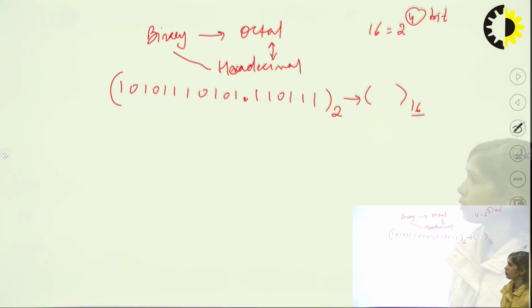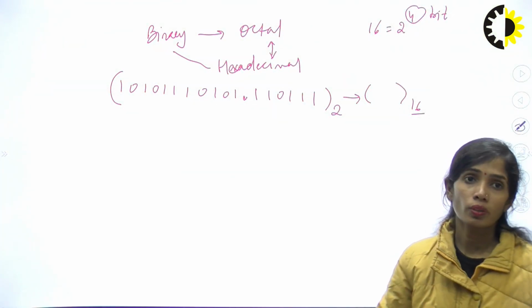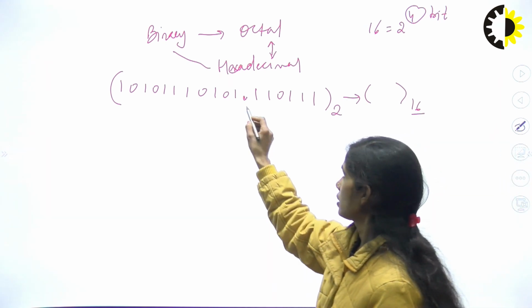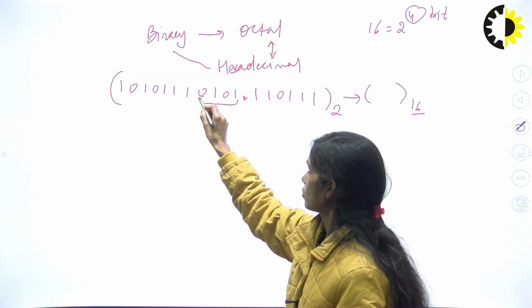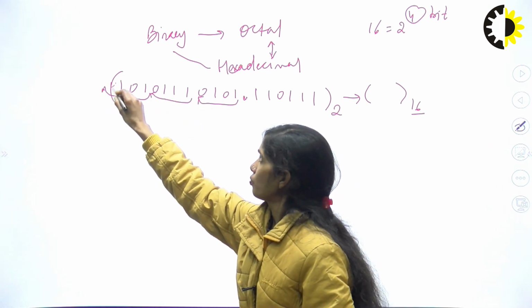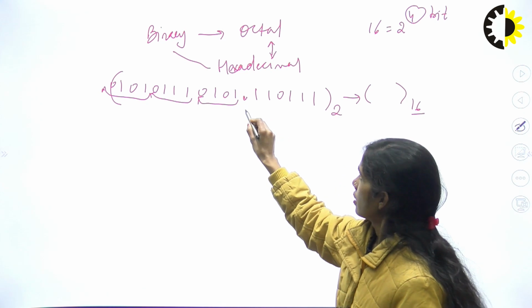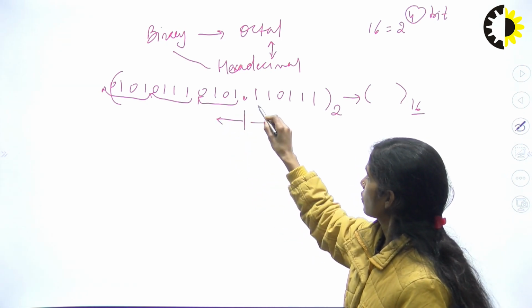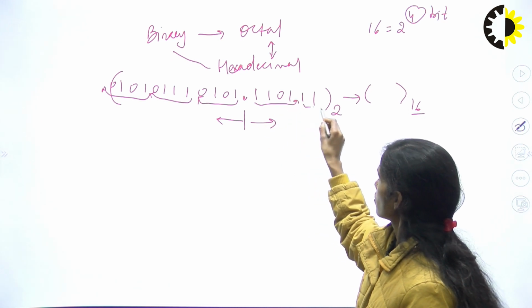And if I need to convert this into an octal number, I will require 3 bits. So we convert this into groups of 4, taking groups of 4 from the left side of the decimal point, and to the right side of the decimal point also in groups of 4.